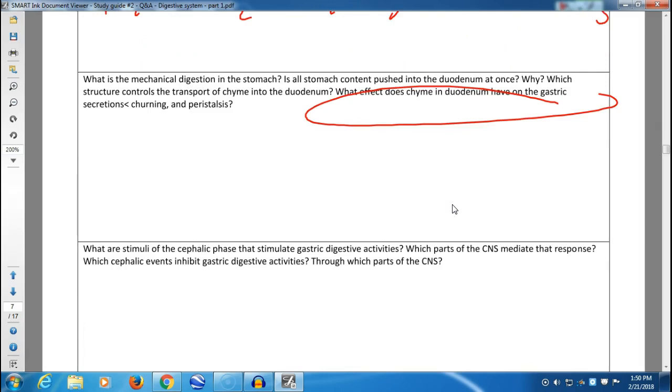Again, in the short term, it increases gastric secretion and emptying, right? But in the long term, what happens? It decreases. In the long term, the presence of food in the duodenum decreases gastric secretion and gastric emptying.